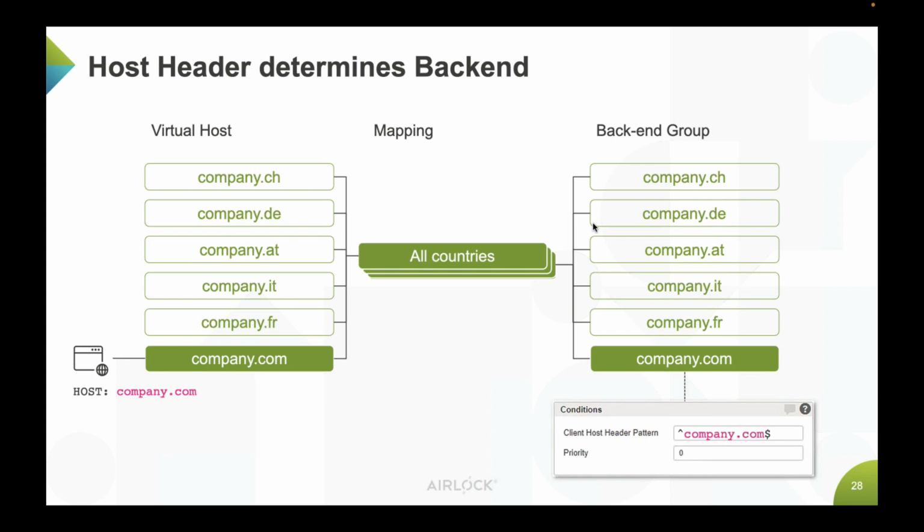So if the client connected to company.com, then when selecting the backend, so going through one mapping for all, and so when selecting the backend group, we are revisiting this client host header and then selecting the corresponding backend group. And you see here another field, the priority. You may know the regular expression mappings.